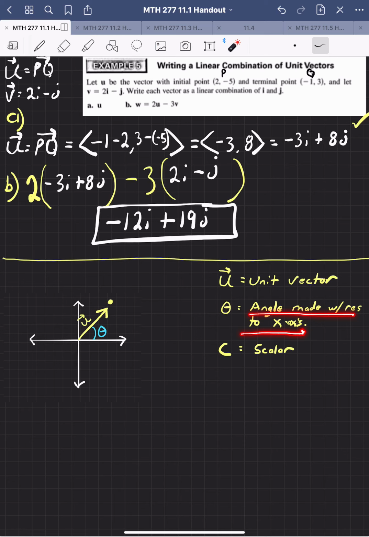Now I'm going to erase this, okay? But normally, if that's u, do you recall, we think about the component form of u to be u sub 1, u sub 2. Only here in a second, we're going to introduce sine and cosine.